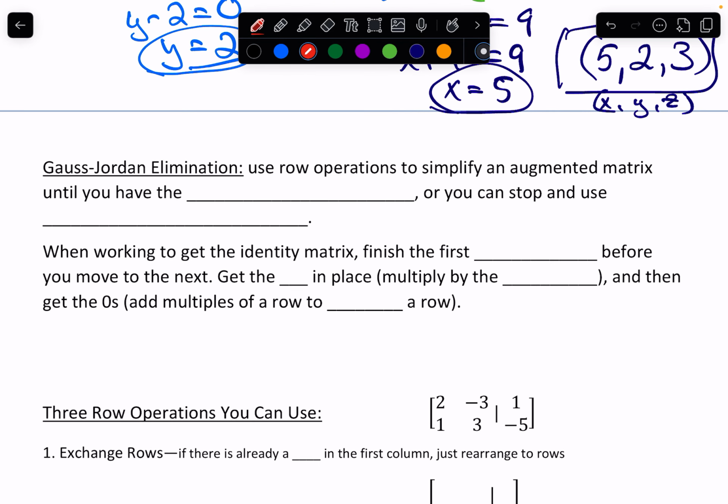So when working to get the identity matrix, finish the first column before you move to the next. Get the 1 in place, multiply by the reciprocal, and then get the zeros, add multiples of a row to replace a row.